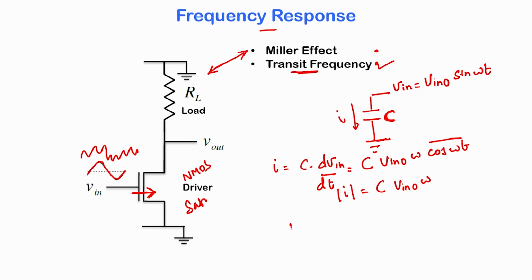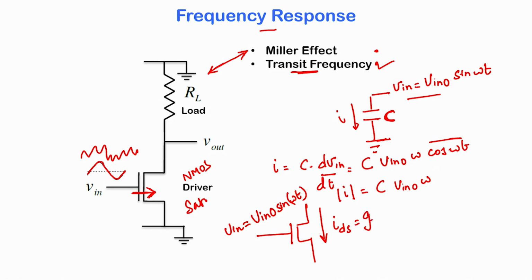So, let us take a MOS transistor and we apply that as our input to the gate of the MOSFET. So, what is the current between the source and drain of the MOSFET? It is IDS, which is gm times Vin.